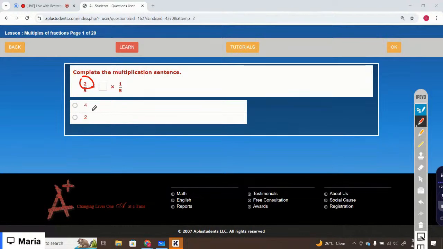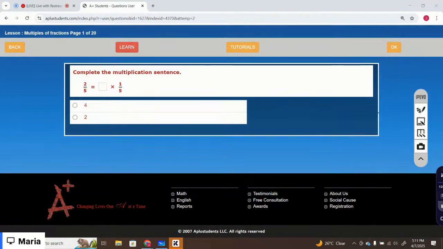That is 2 times 1 is 2. So the correct option is 2.